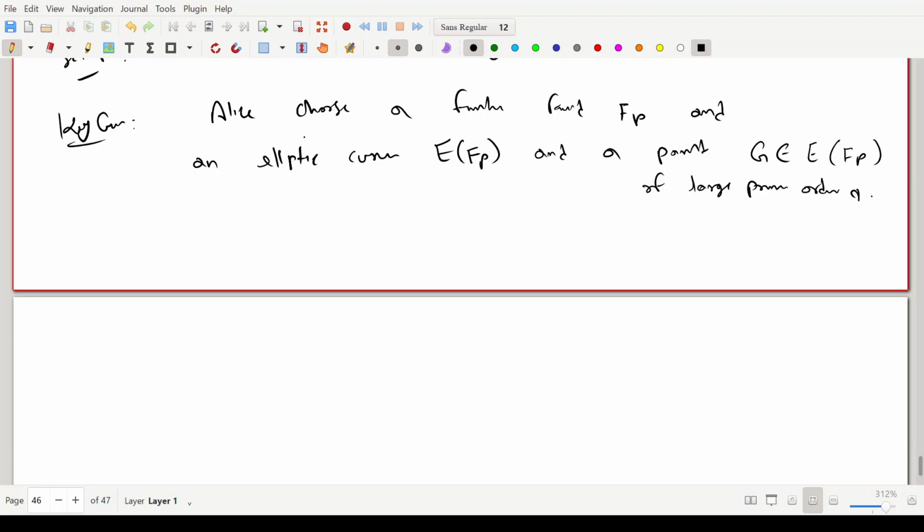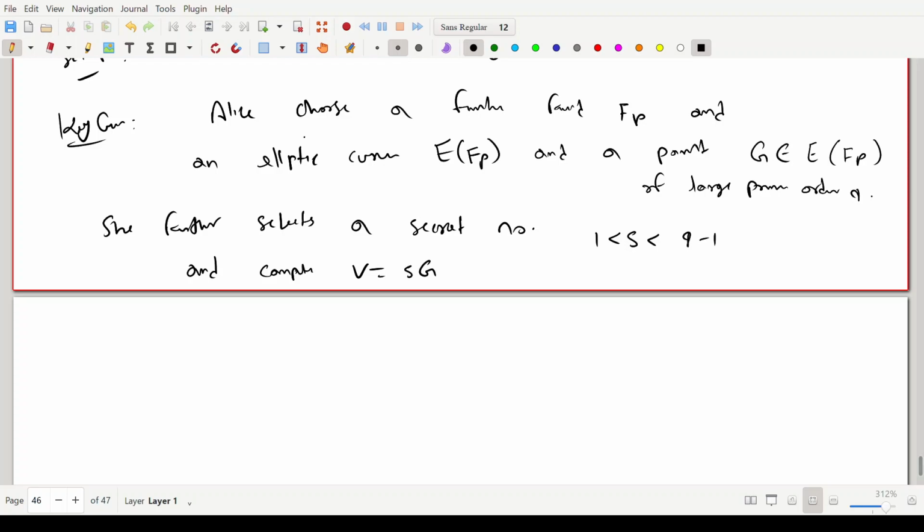She further selects a secret number s lying between 1 and Q minus 1, and computes V, which is sG, and it will again be in your elliptic curve E(FP).